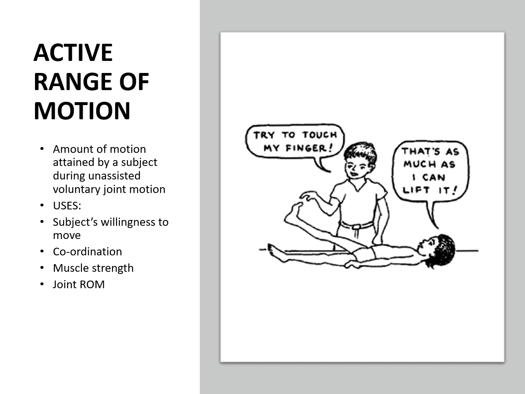That means the patient or person is doing the entire movement by himself. There is no external support given by the therapist or by any other instrument. If you see the figure, here the therapist is saying, try to touch my finger. The therapist is not assisting the movement of the patient, right?